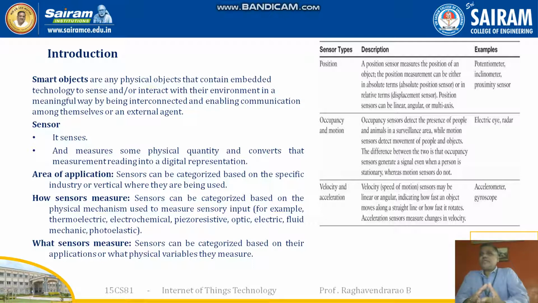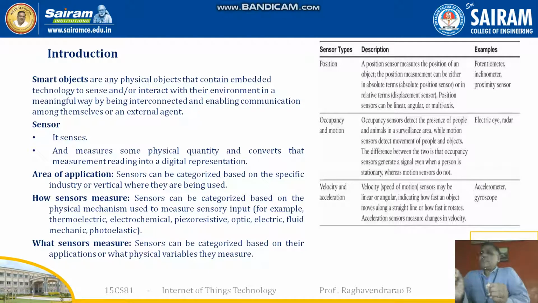Many types will be there, and you have to give a proper example for each. That is very important: what is this type of sensor, what it is going to do, that is the description, and which device is going to be used to measure this particular position.